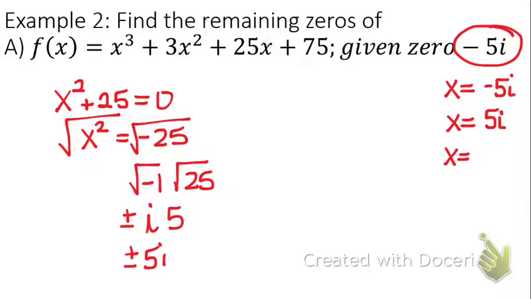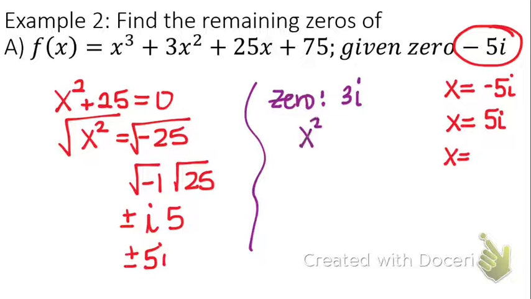So that's really, really important. So let's just, before we start doing our division, if I knew, let's say the 0 was 3i. What do you think the factor would be? How would I get a 3i? x squared plus 9.